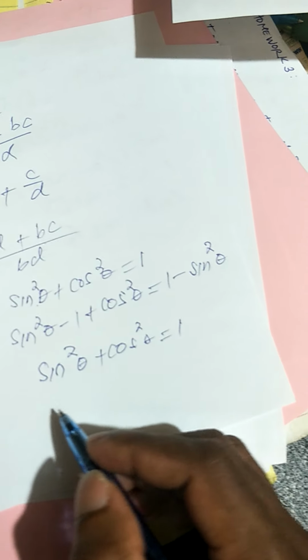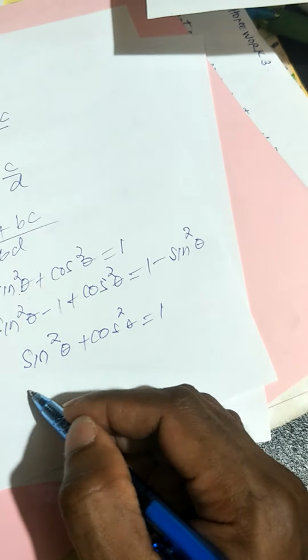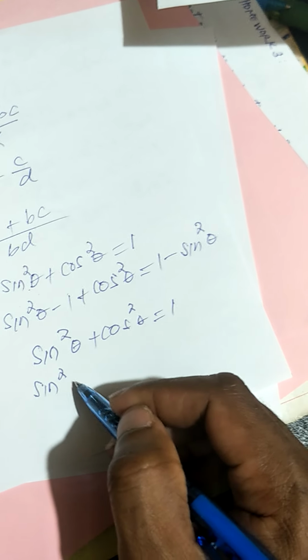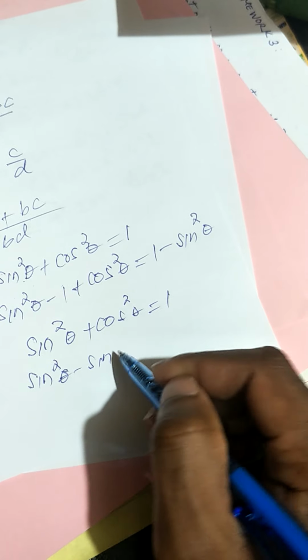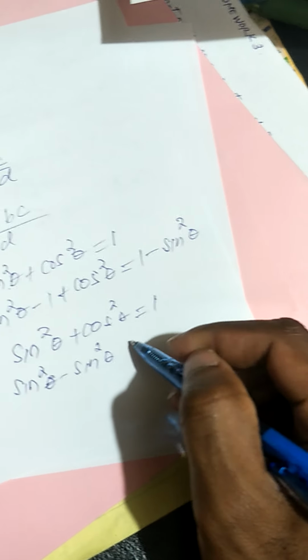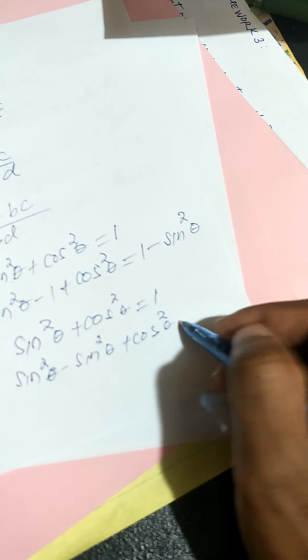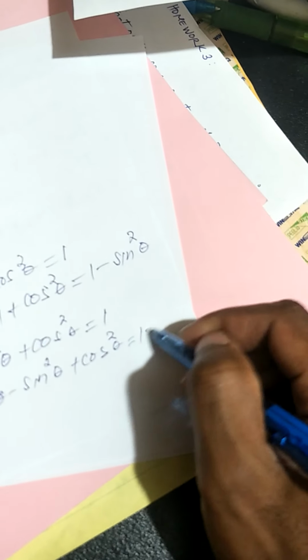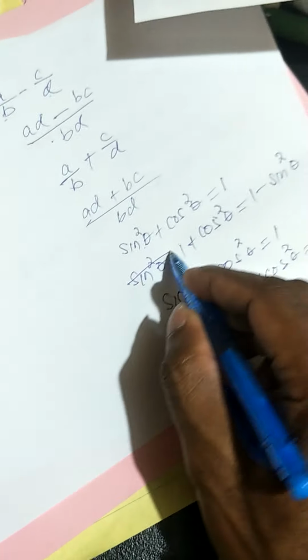So now I'm going to minus sine theta square on both sides, plus cosine theta square equals 1 minus sine theta square.